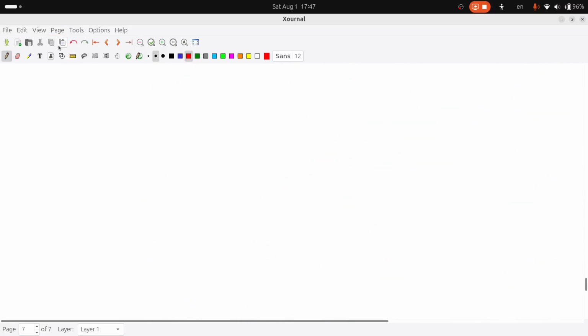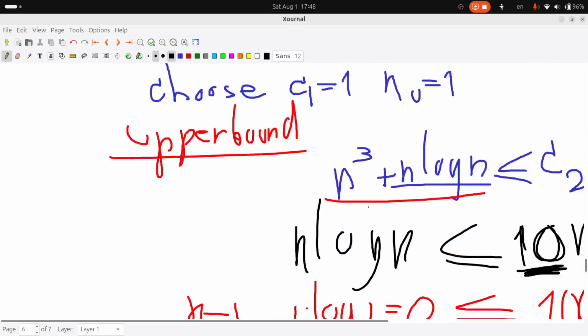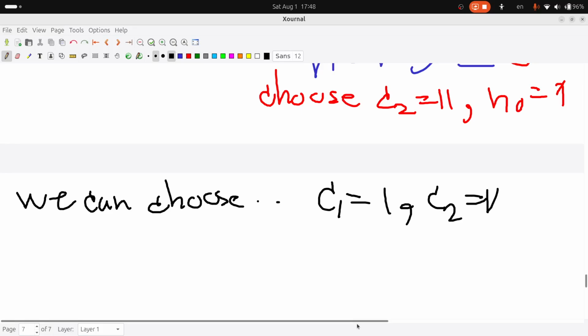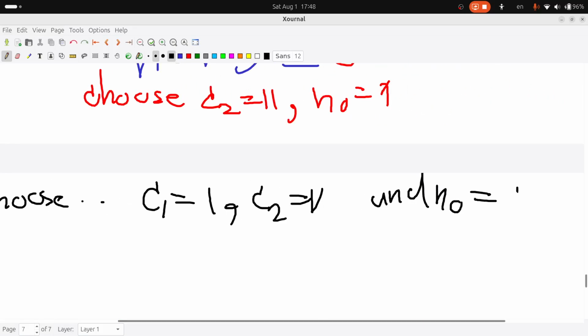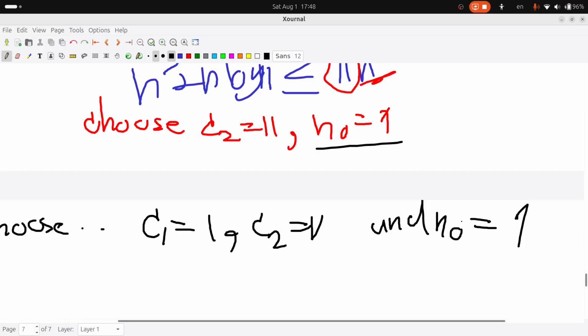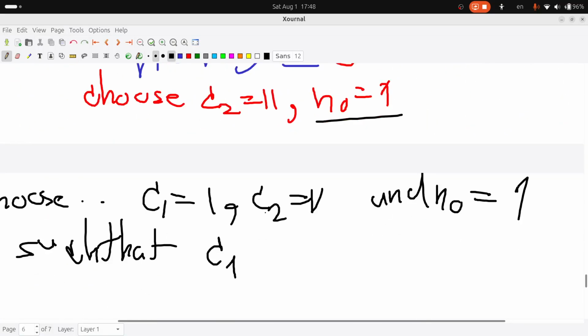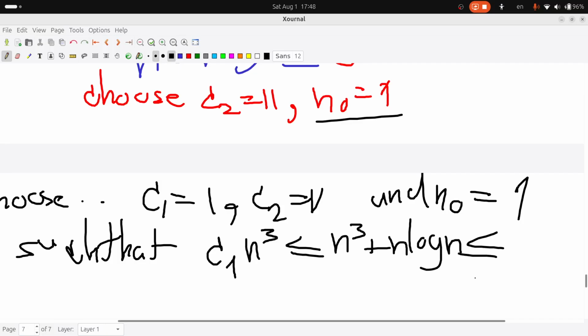We just write that we can choose c1 equal to 1 and c2 equal to 11, and the starting point for the upper bound and lower bound is 1, so it's easy to use the maximum one, that is 1, such that c1 times g(n), n to the power of 3, is less than or equal to n to the power of 3 plus n log n, which is less than or equal to c2 times n to the power of 3.